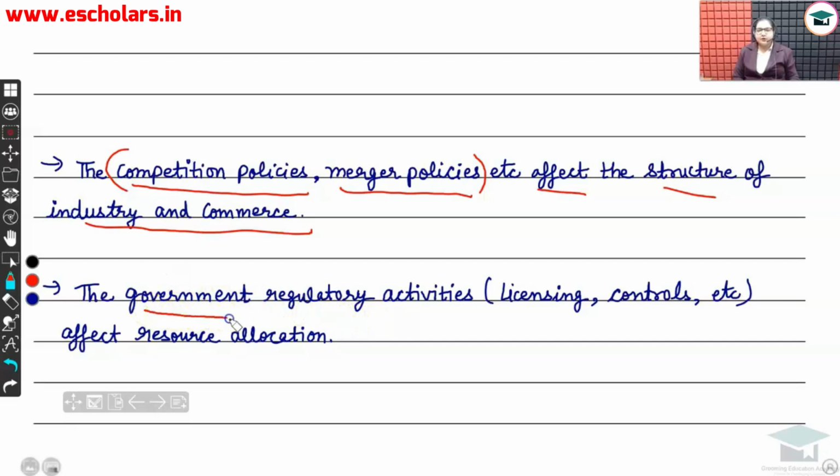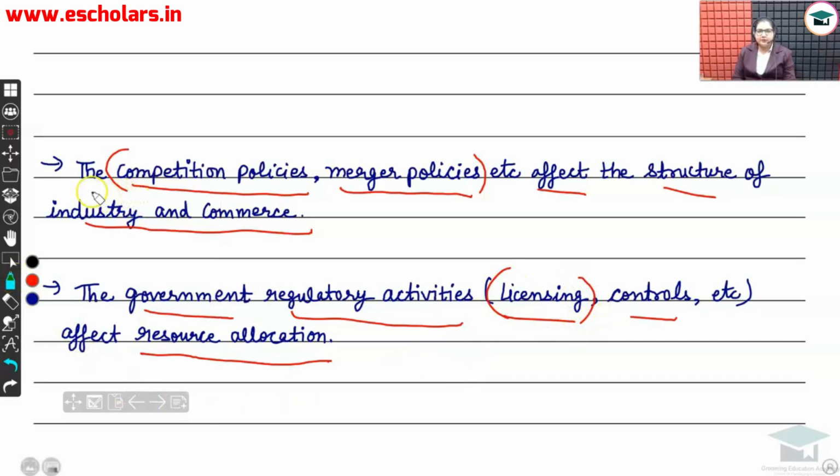And also the government, through its regulatory activities like licensing and control, affects resource allocation. As I gave you the example of selling alcoholic products, right? For selling alcoholic products, the seller requires a license.